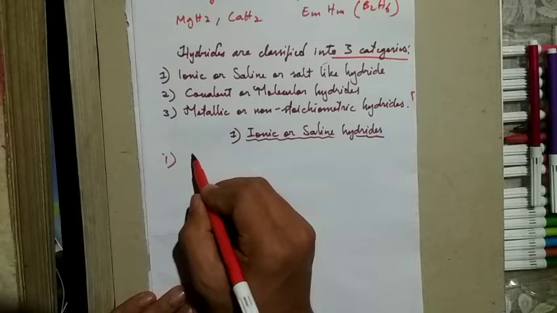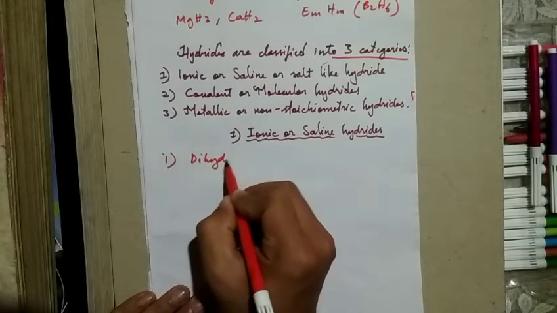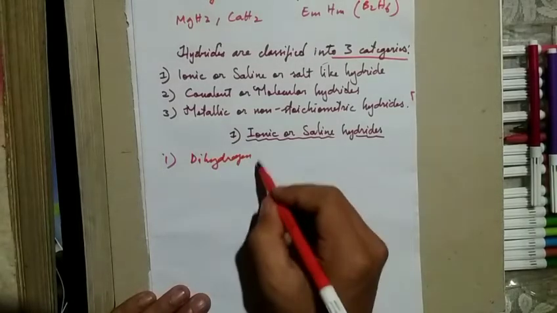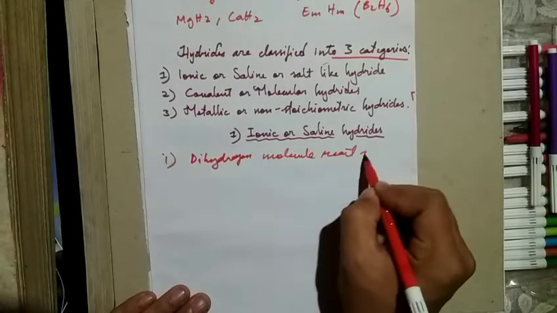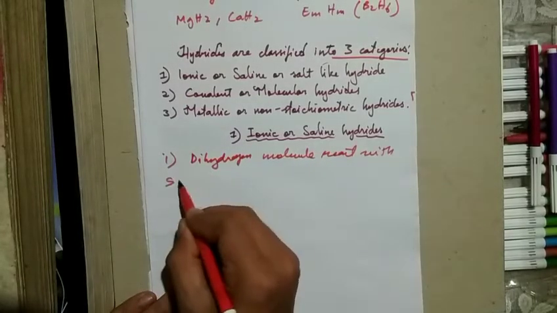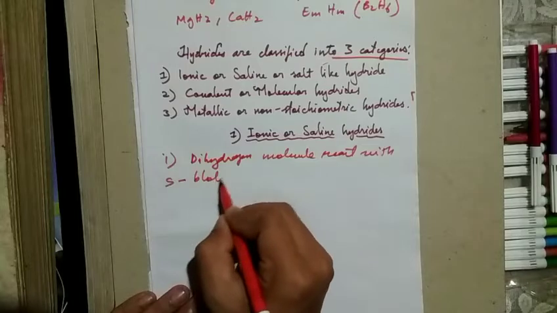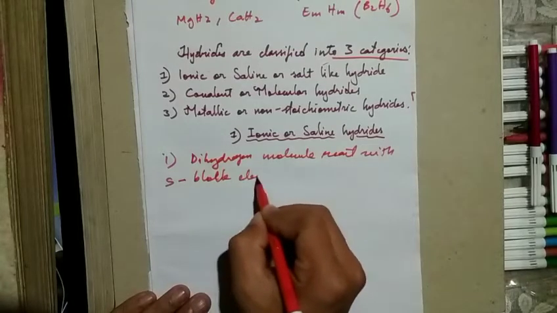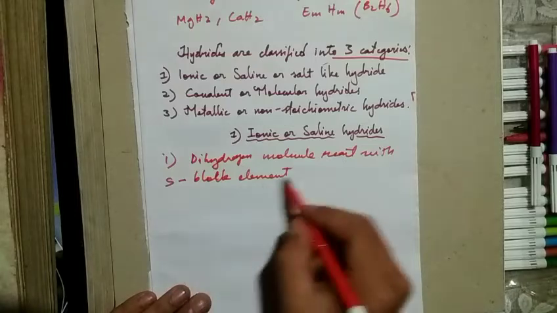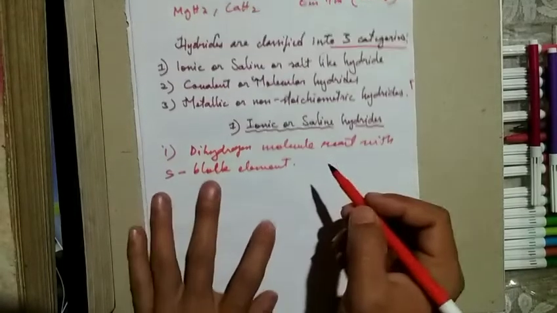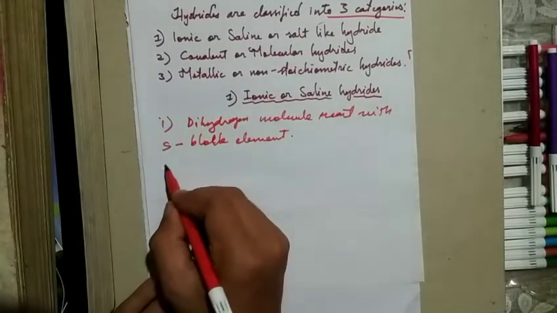Dihydrogen reacts with s-block elements, or the first group elements. These s-block elements are highly electropositive in nature.